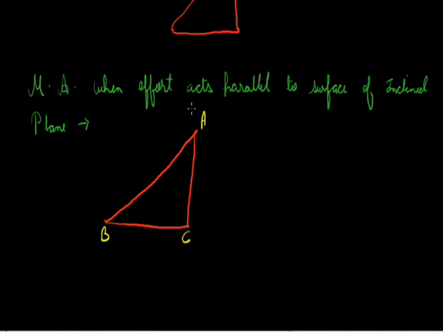Here, effort E is applied at point A, and AC is the load's vertical height h, theta is the angle of inclination, L is the load which has to be taken, and small l represents the length of the inclined plane.